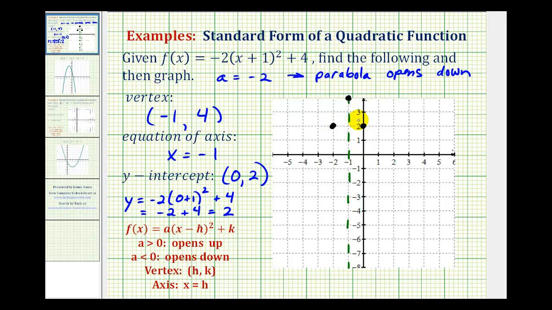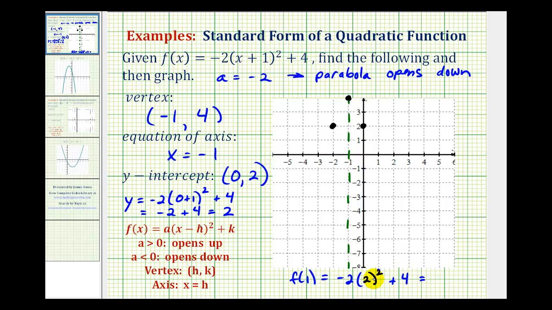So this may be enough information to sketch the parabola, but let's go ahead and find two additional points. Let's determine the function value, let's say, when x is 1. To do this, we'll evaluate f of 1, which would be negative 2 times the quantity 1 plus 1 squared, or 2 squared, plus 4.